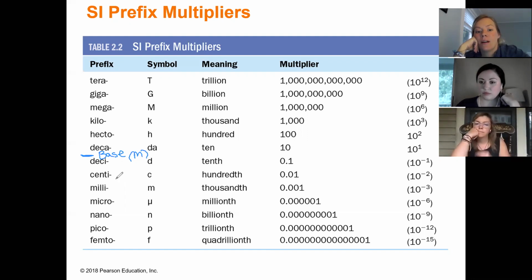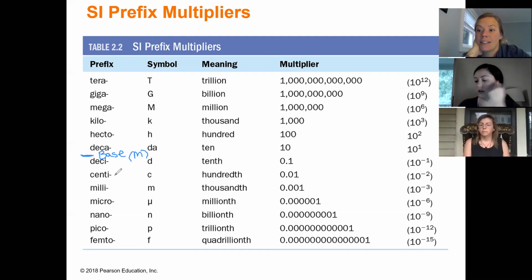A centimeter is a hundredth of a meter, right? Or a centiliter or a centigram is a hundredth. Think about a century, right? 100 years. A cent, like a penny, is a hundredth of a dollar.